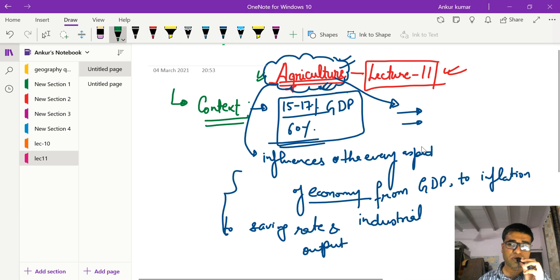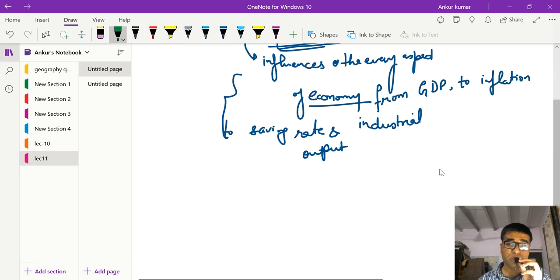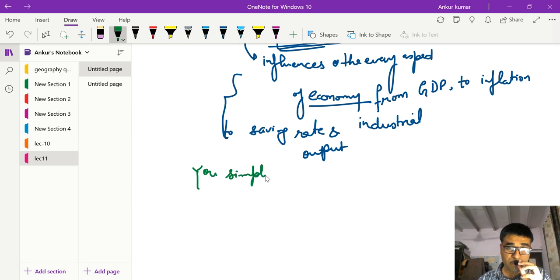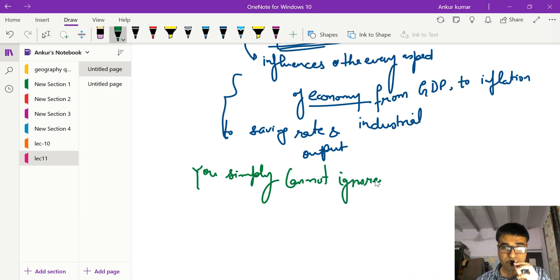So what is the conclusion? The conclusion is very simple: you simply cannot ignore agriculture just because you want to develop the service sector and manufacturing sector.